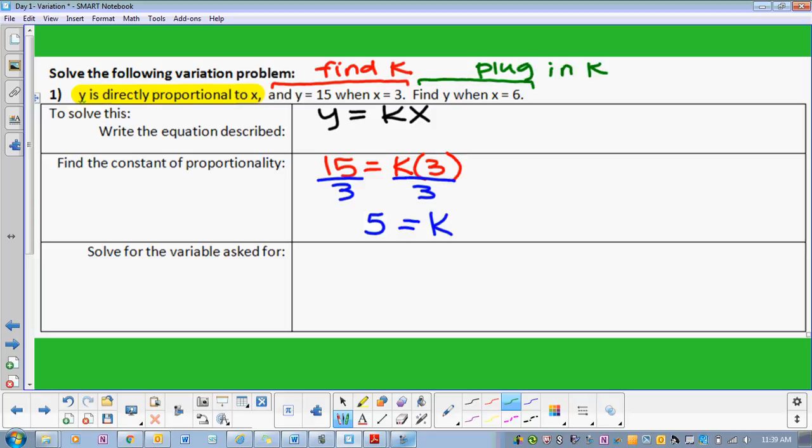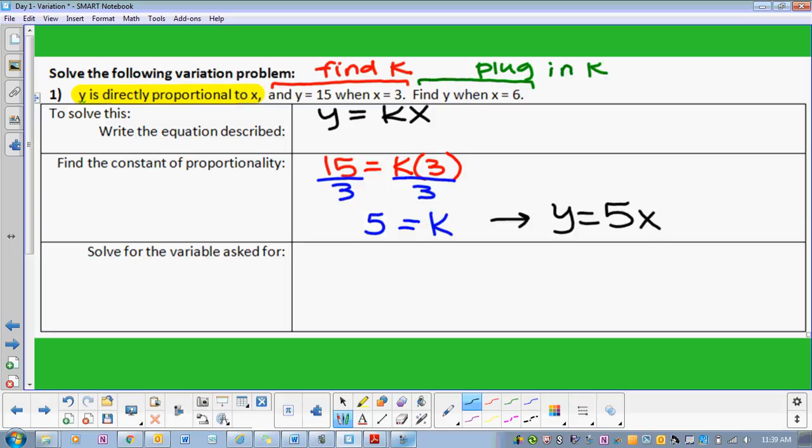So this one statement is actually like you're doing two different things here, right? Why does it find y when x is 6? Because you just found k. So your original equation was y equals kx. Well, now that you know k, you can say y equals 5x.